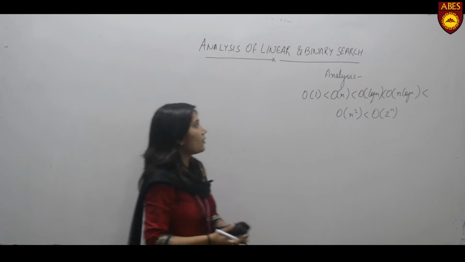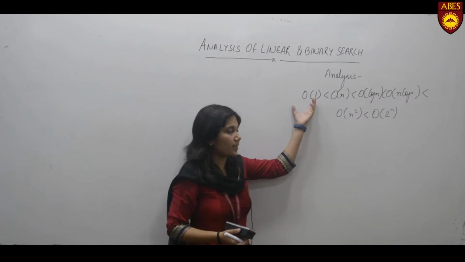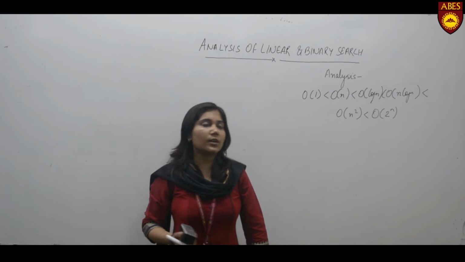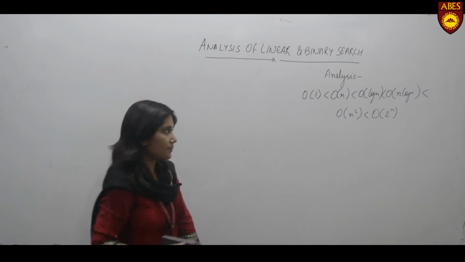This is the order of the complexity. Order of 1 is the minimum complexity of any algorithm, and order of 2 raised to the power n, which is the exponential one, is the highest, the maximum time complexity.